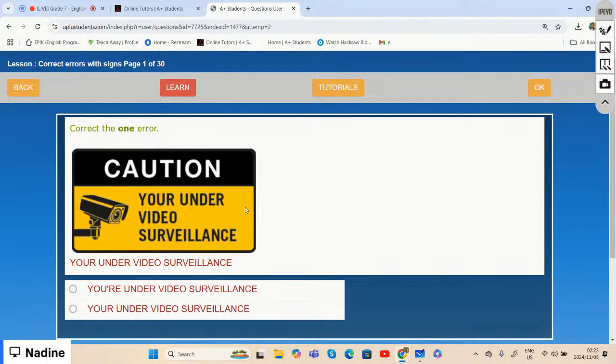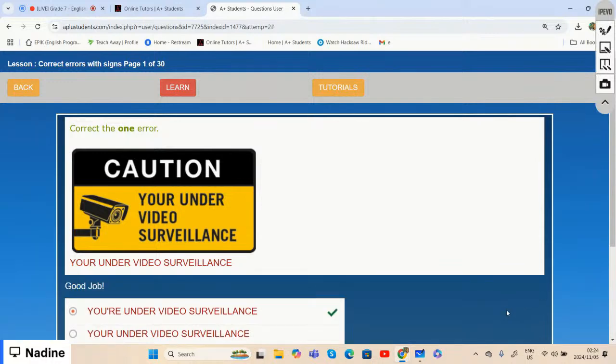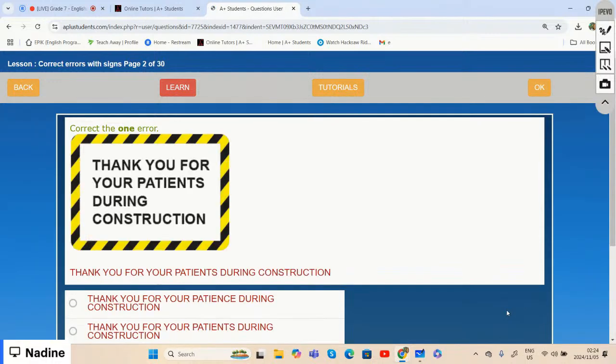But if they're saying you're under surveillance, it means that's like saying you are under surveillance. So we're going to change your to you are under surveillance, which is you apostrophe re. It's a contraction. So option one.